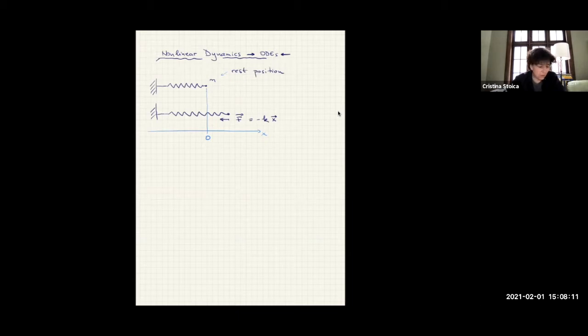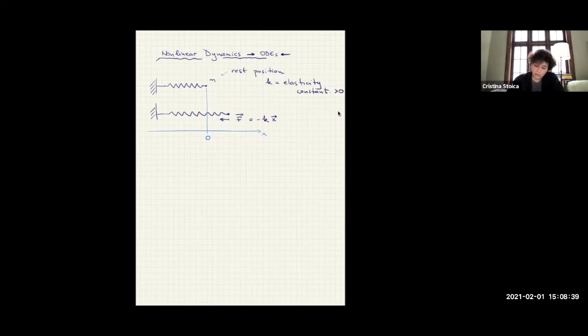K is called the elasticity constant. It's a constant, a number, coming from the qualities of the material, and it's taken to be positive anyhow, so no point making it negative.